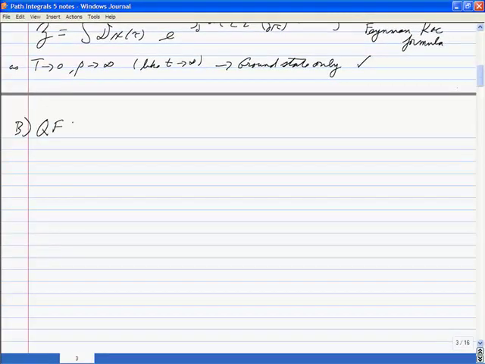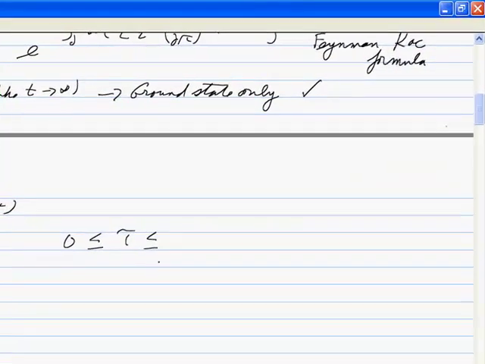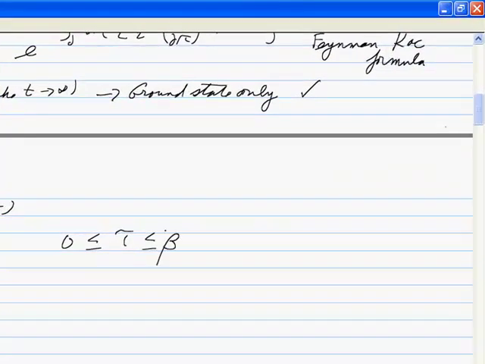If I do quantum field theory, let's do the same thing with quantum field theory. The transition again is xi of t goes to phi of x and t. We'll again take t goes to minus i tau. We'll analytically continue. We'll take a finite time integral, 0 is less than tau, less than or equal to beta.